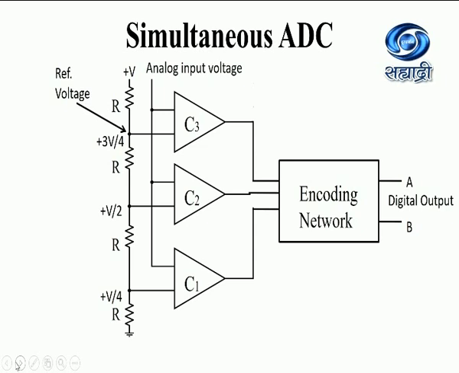As you studied in the op-amp chapter from paper 1, a comparator is used to compare 2 voltage levels. One is fixed, that is the reference voltage, and the analog input voltage is compared to that reference voltage, and according to the condition we will get the output. Those comparator outputs are connected to the encoding network, which converts them into the digital output.